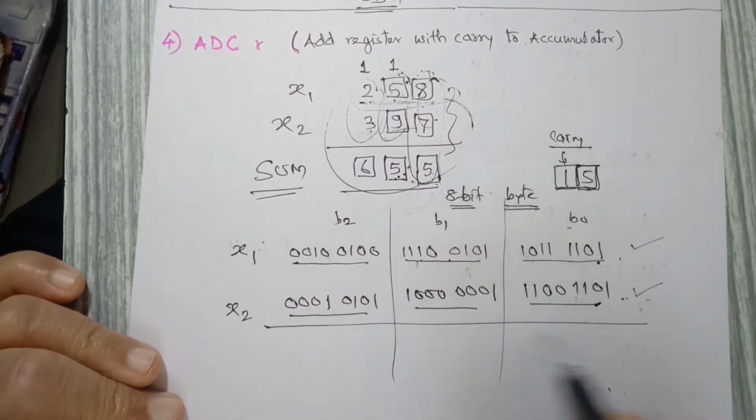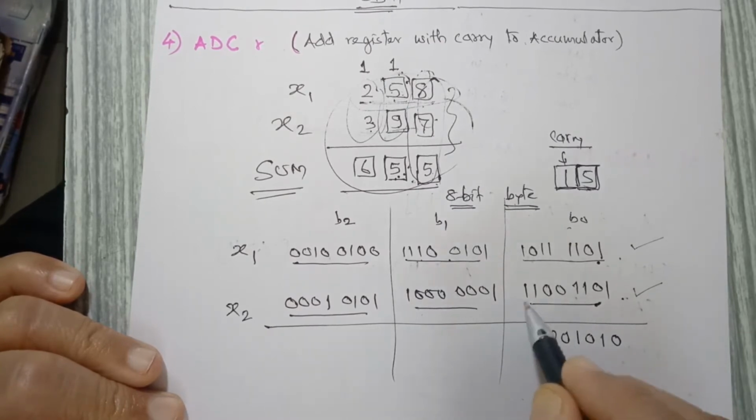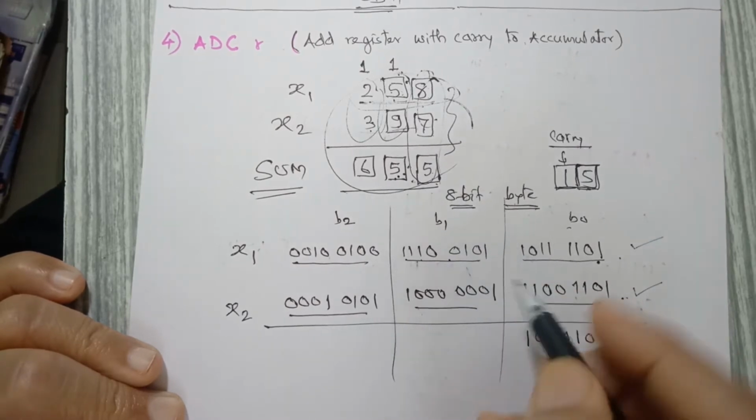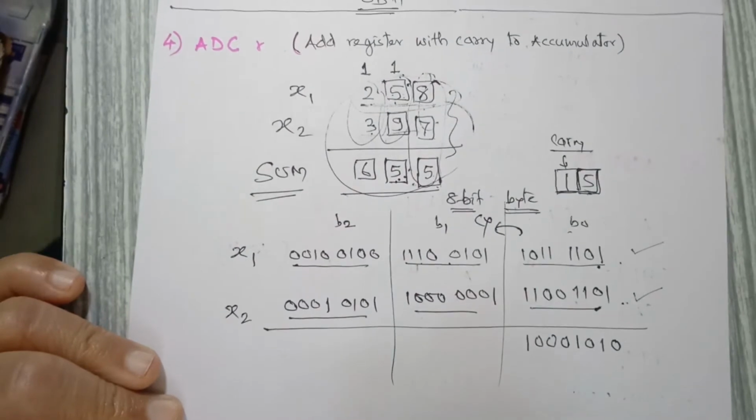So for example, 1 plus 1 is 0 1, this is 0 1 with carry over, 0 0 0 1 1 1 with carry. So carry has occurred, and this is indicated by the carry flag.